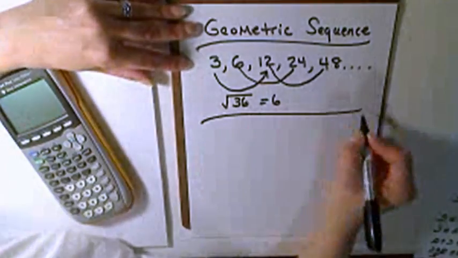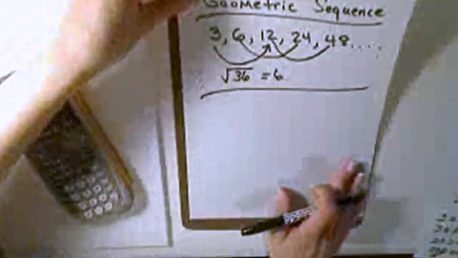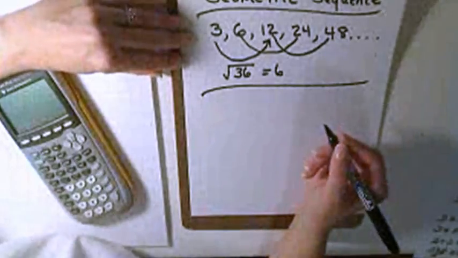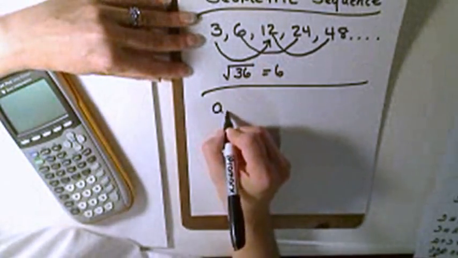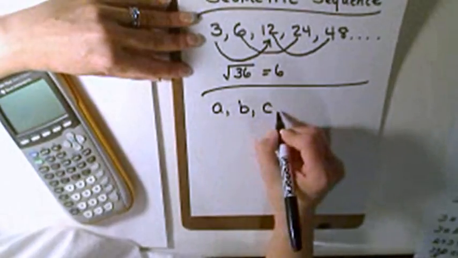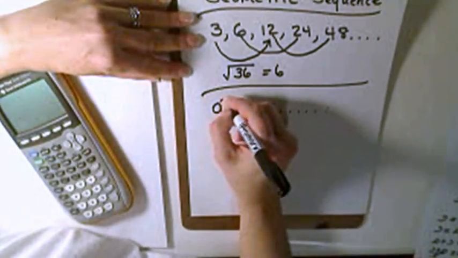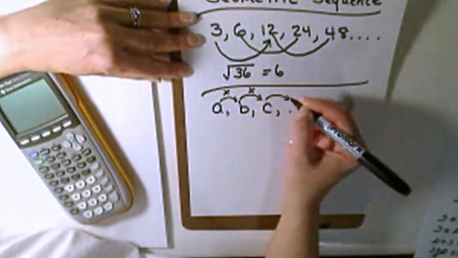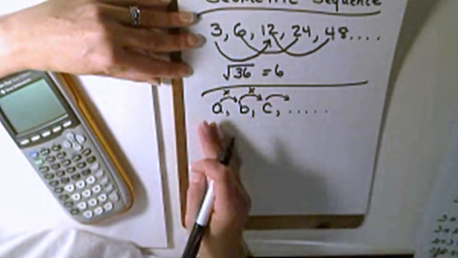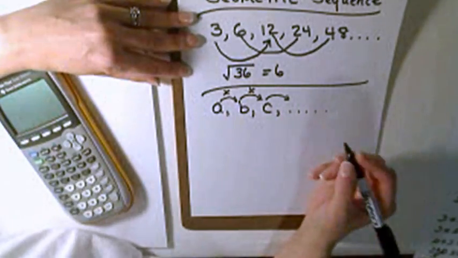Now if we want to do this generally, to get to the formula that we're going to walk away with, if we have a geometric sequence, I'll use A, B, C, and so on, you multiply by x every time to get the next term, and x can be a fraction, which would indicate a sequence in which you were dividing every time.